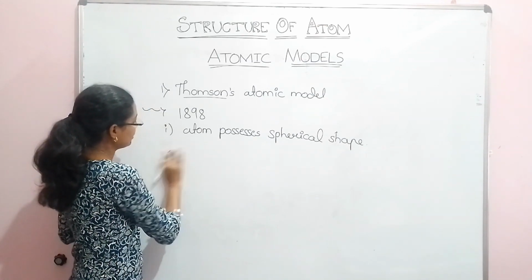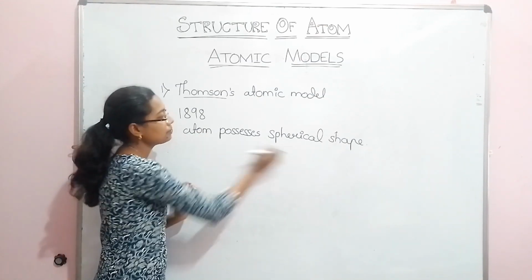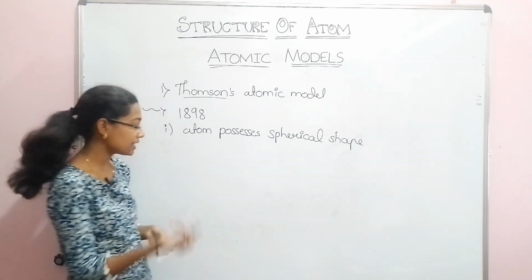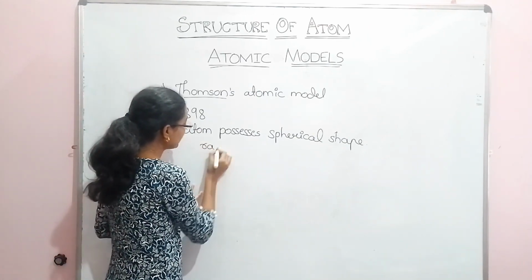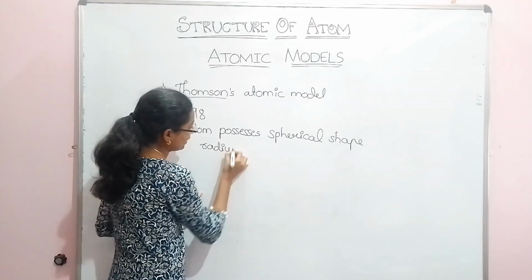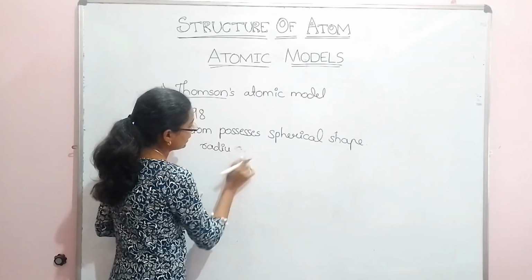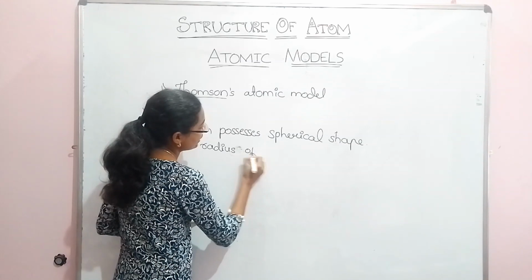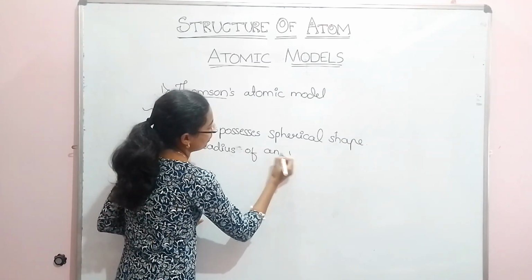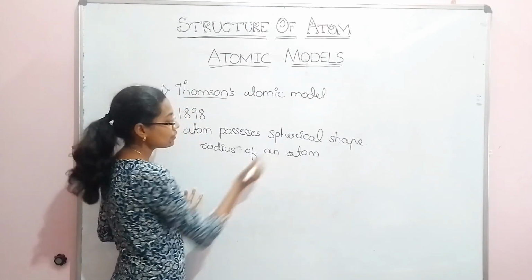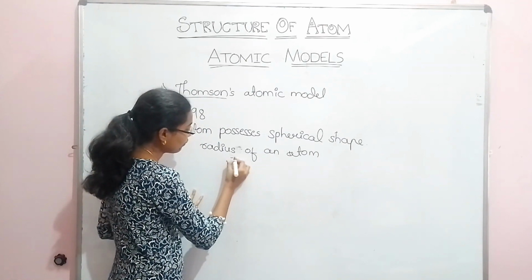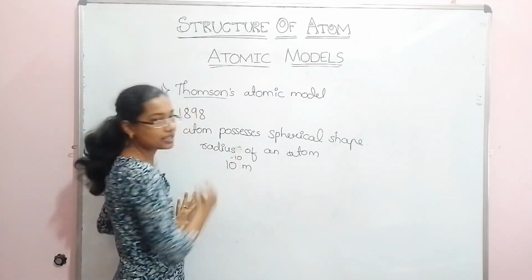In the first property, he said the atom has a spherical shape, and he also said something about its radius. The radius of an atom is about 10 to the power minus 10 meters.